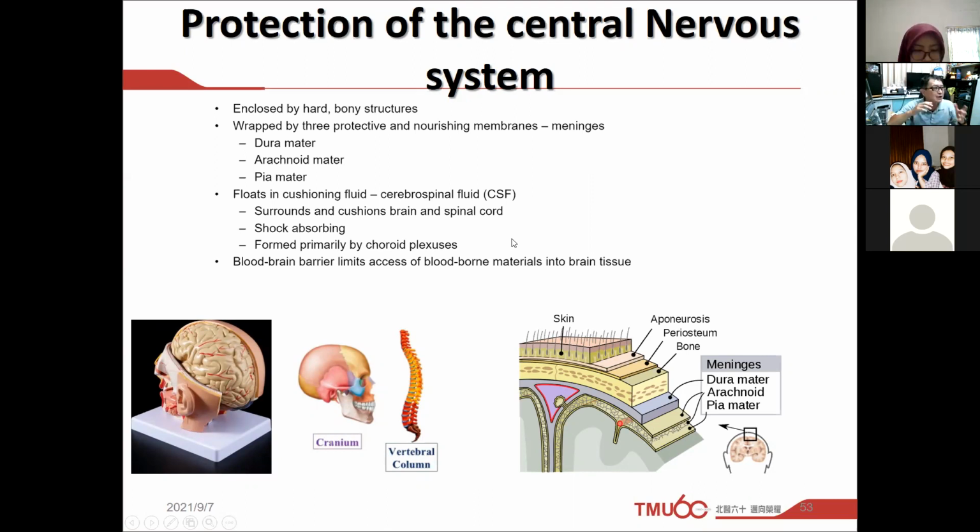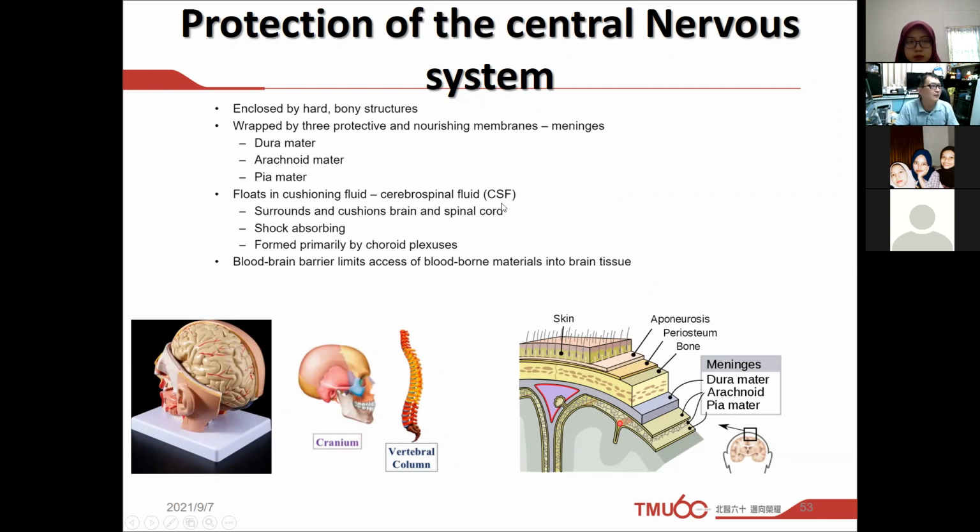Another one is CSF, and this is a smarter way to protect our brain, our cortex. Our cortex is like a ball put into the ocean, and the ocean protects our cortex, so it floats in it. What is the ocean in our brain, in our CNS?